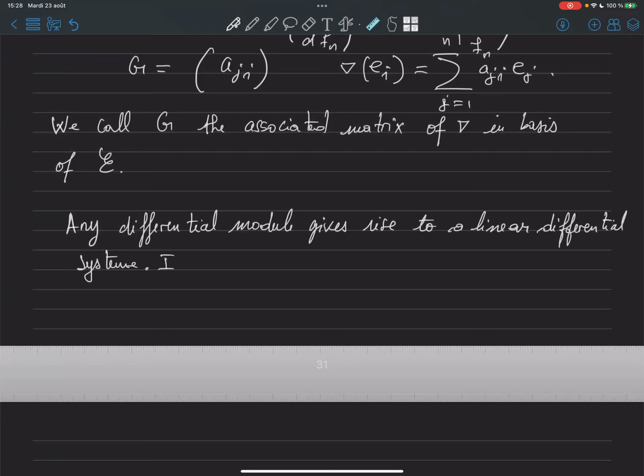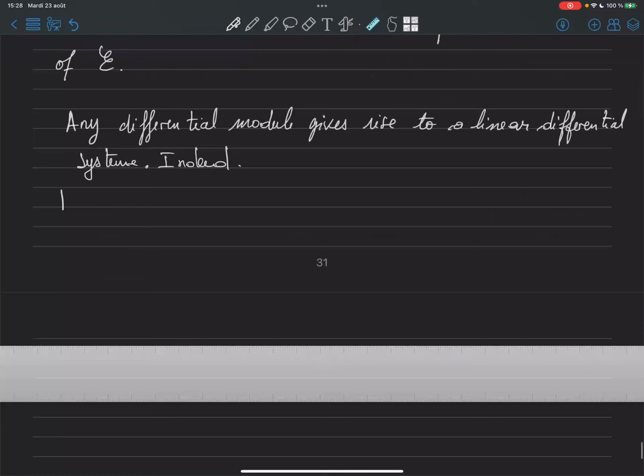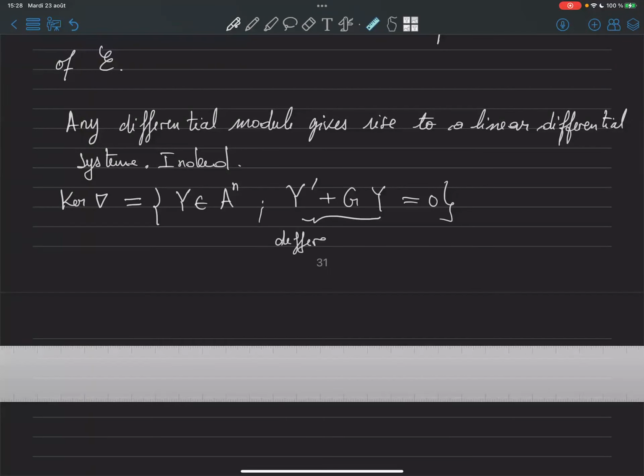Indeed, if we consider the kernel of nabla, then this exactly defines a differential system.